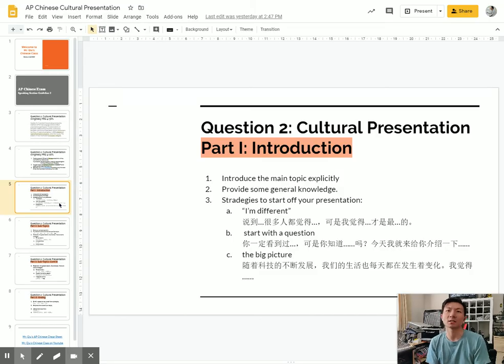I think that's a way to kind of like introduce a little bit background information about your topic, and then make sure making it very clear that you have your stance.